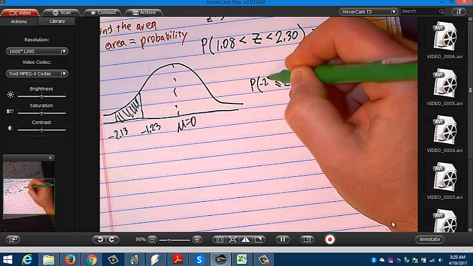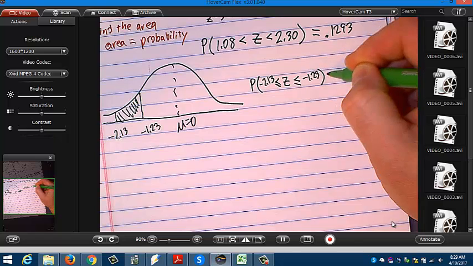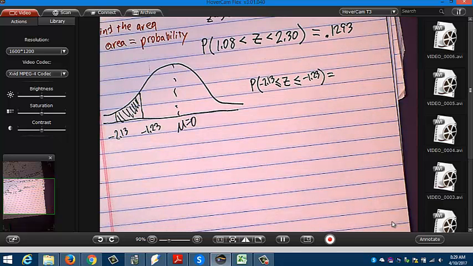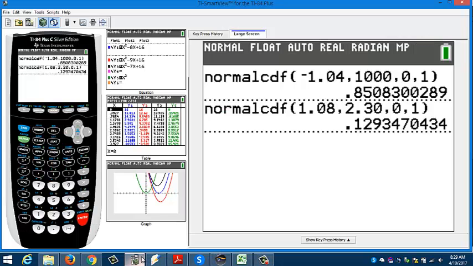So negative 2.13 goes here. Negative 1.23 goes here, right? And so we're going to try it. Let's see if I got the same thing you guys do.